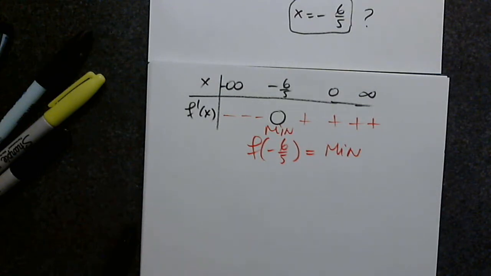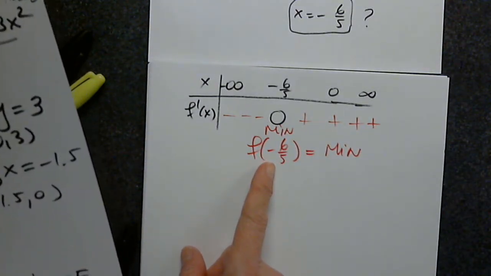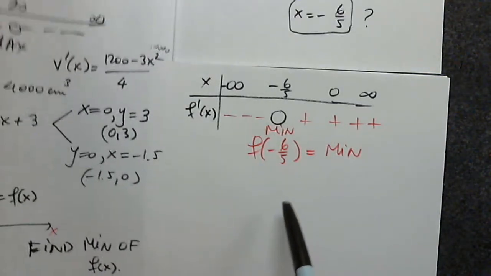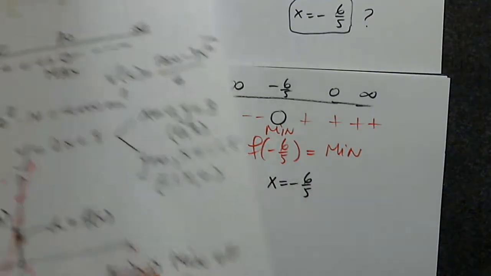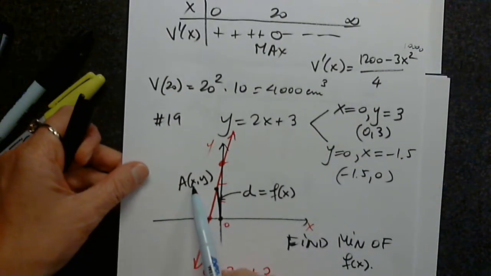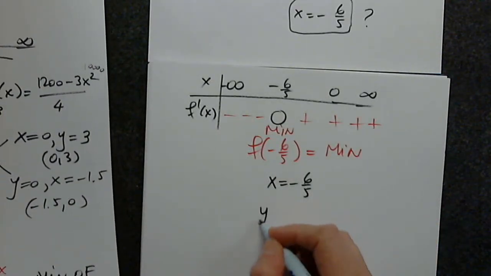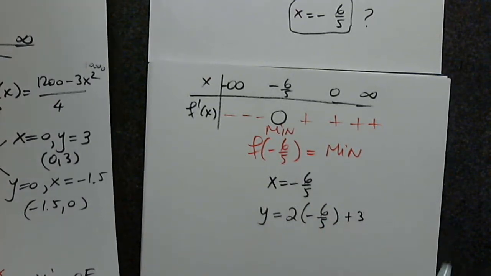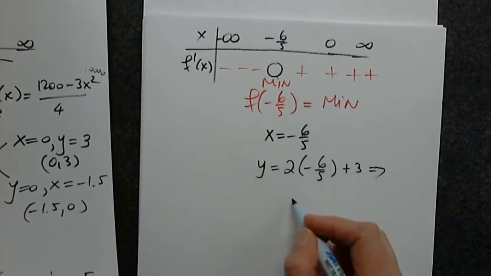So now I can go back to my graph and say for sure. So what is negative 6/5? Is negative 1.2, right? So x equals negative 6/5. If x of the point is negative 6/5, what is the y of the point? The y of the point will be 2 times negative 6/5 plus 3. So that will be what?